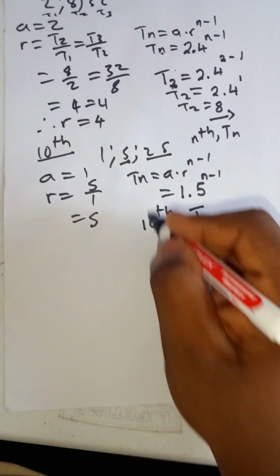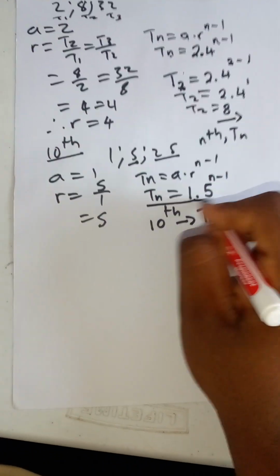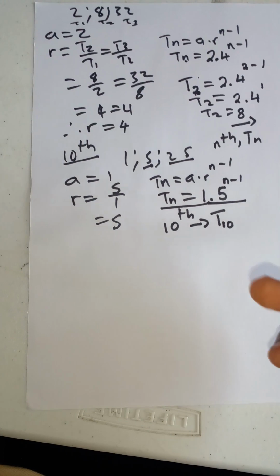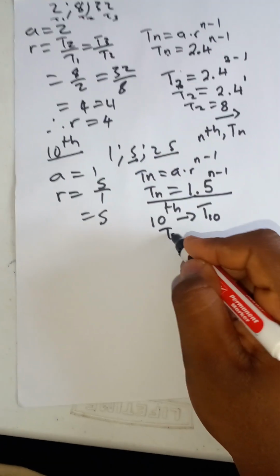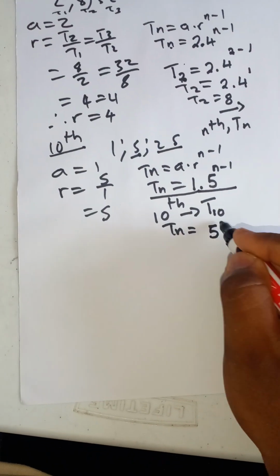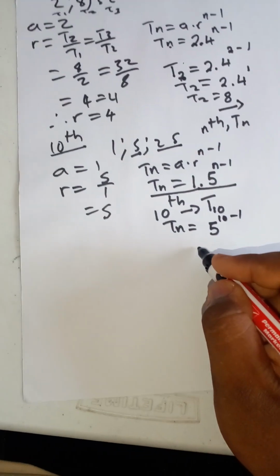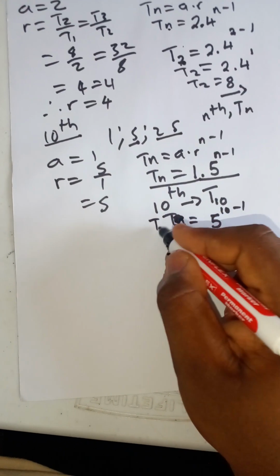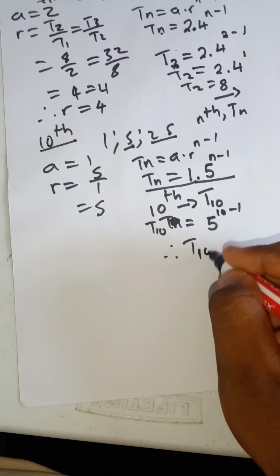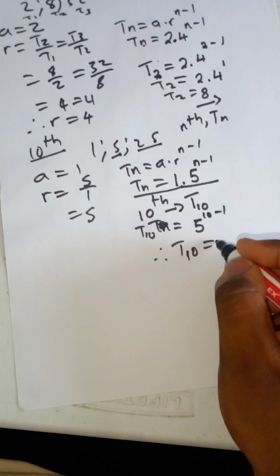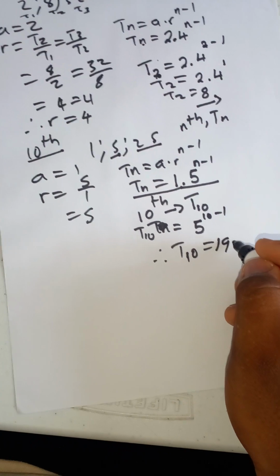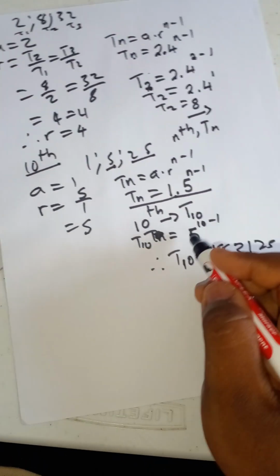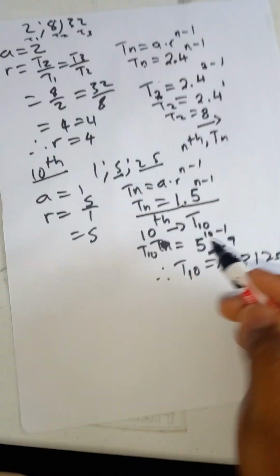So my answer there will be Tn equals 1 times 5 to the power of 10 minus 1, which is equal to, let me write T10 here, T10 is going to be equal to 1953125, because it is the same as 5 to the power of 9.